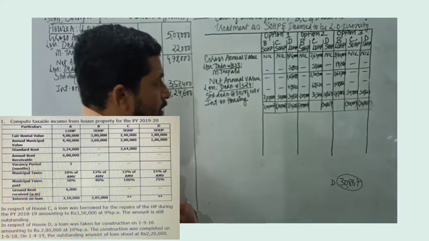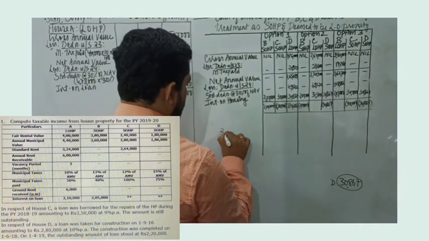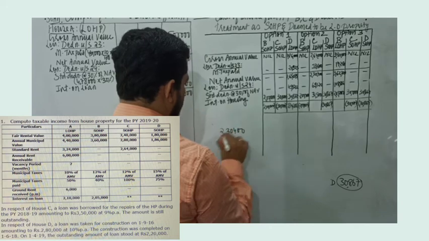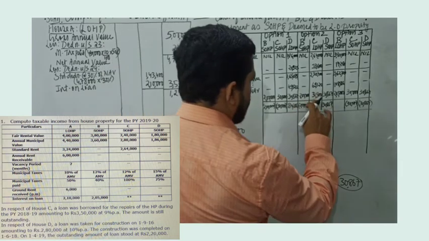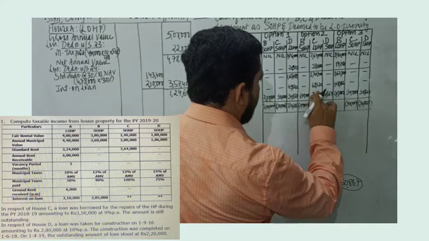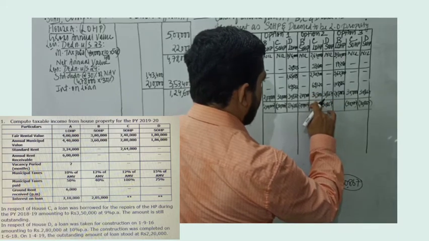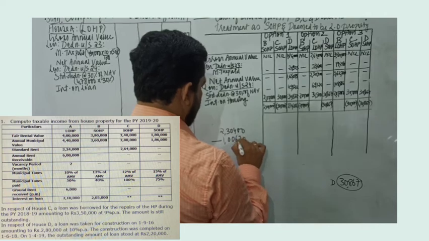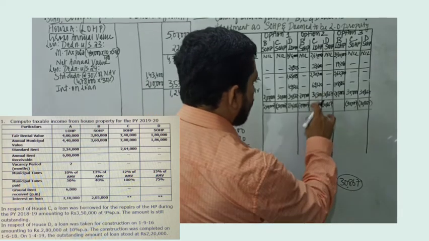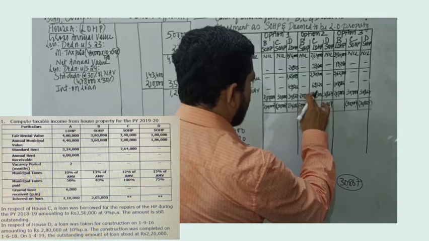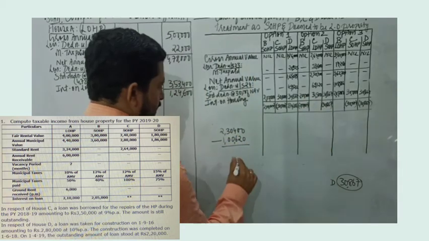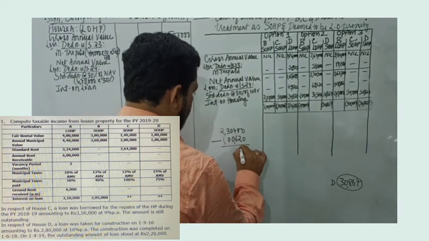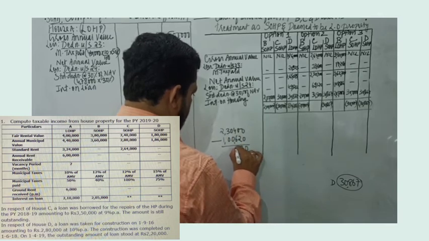Let's come to option 2, house 3. Option 2, house 3. So it is 2,30,400, this number, minus these two numbers together. So 90, 1,620. 1,620. So 0, 2, 6, 9, 10, 0, 1. So I get the number 10 minus 2 is 8, 13 minus 6 is 7.